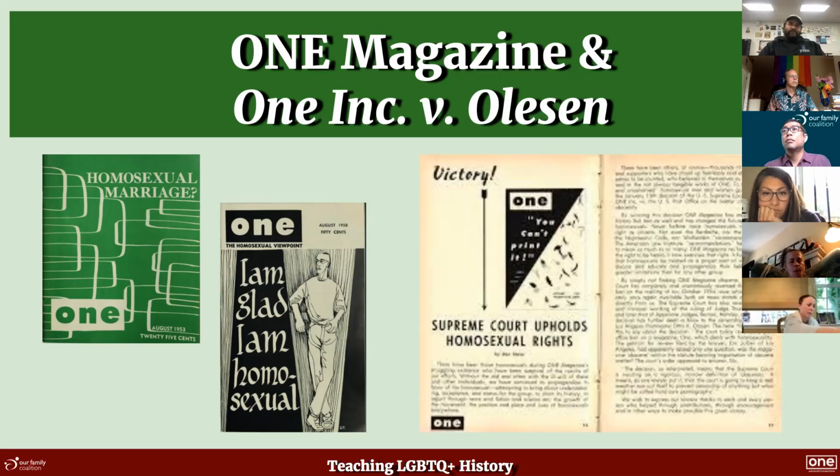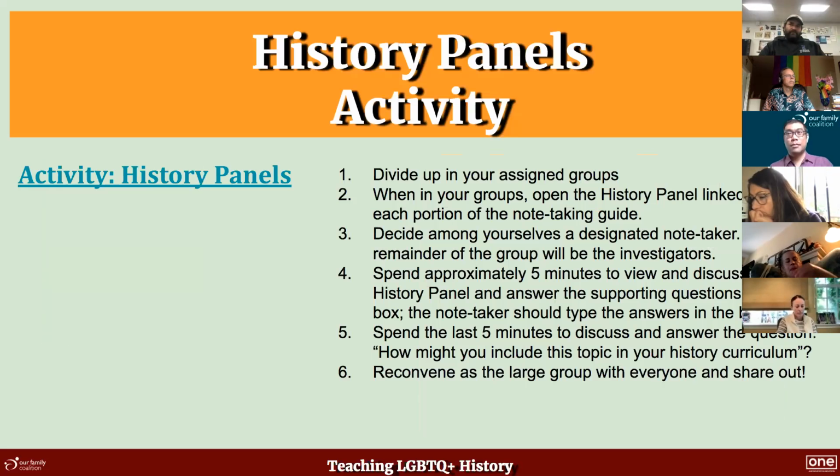An interesting fact is that One Inc. v. Olesen is included in the California History-Social Science Framework update as a court case that can be taught when it comes to LGBTQ history. If we can go to the next slide.